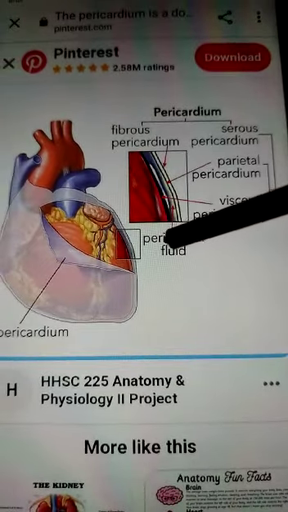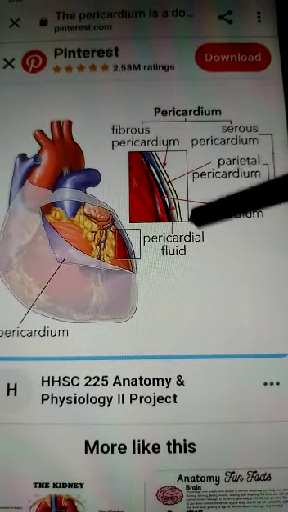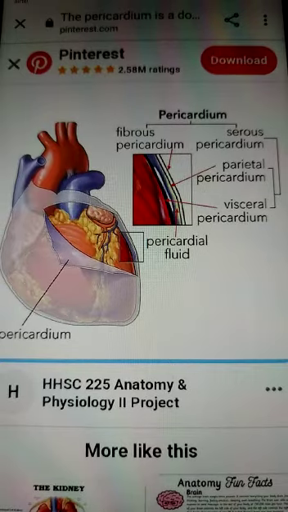You can look at the fluid here, pericardial fluid. It is between the two layers of pericardial membrane. This pericardial fluid helps the heart resist sudden shocks, such as when you are having any movement in the body. This will provide a certain amount of support to the heart.